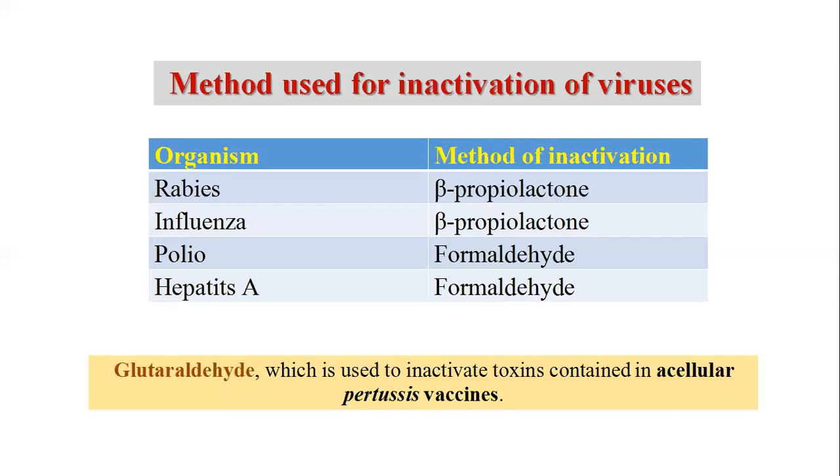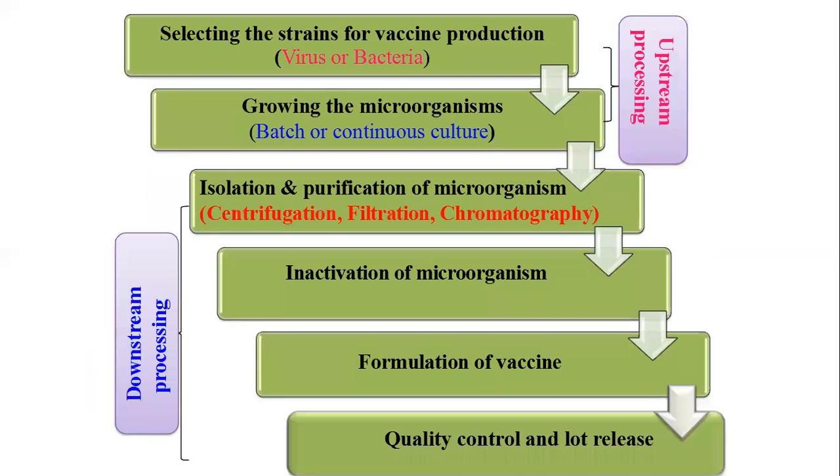For the preparation of vaccine from polio, influenza, and hepatitis A, we use formaldehyde as an inactivating agent. Whereas glutaraldehyde is used to inactivate toxins contained in acellular pertussis vaccines. So inactivation of the virus or the bacteria is a step here.